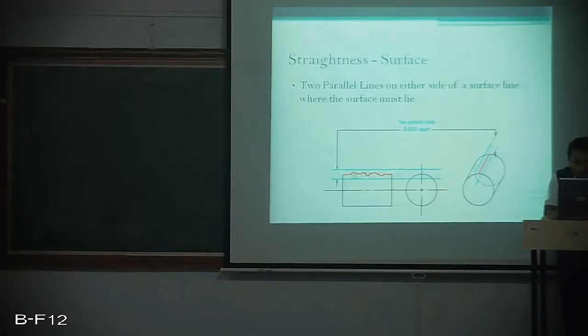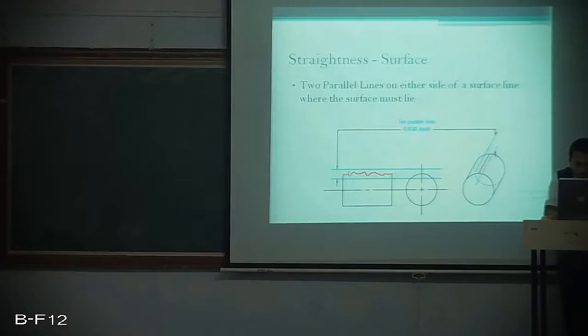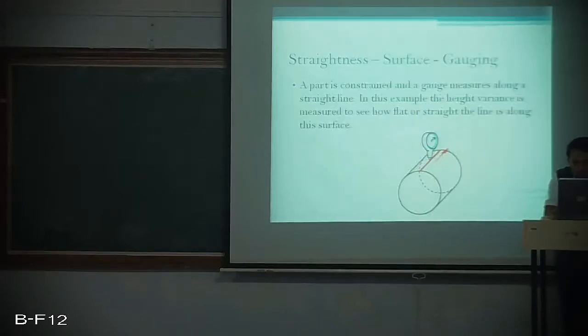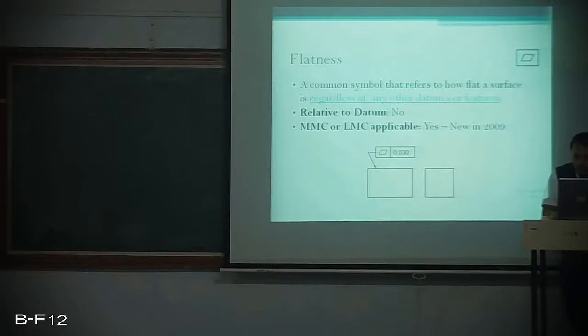That means if the edge of that part is not being manufactured perfectly straight, then there will be certain variation, what you can see here, but this variation must be well within 0.030, which is specified by these two straight lines, which is called the tolerance zone.